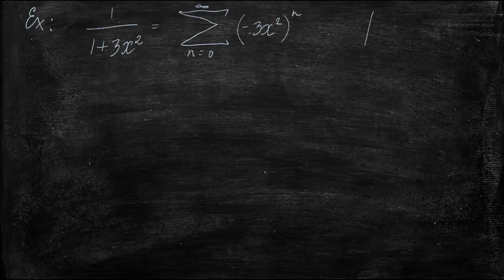And of course, to be thorough, we're going to also set up this inequality to find the interval of convergence. Now, simplifying the expression inside of the sigma, well, we don't really have to, but it's just nice to have it written in the most simple way.